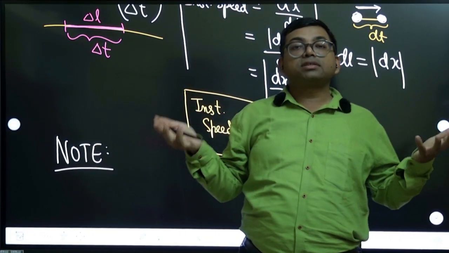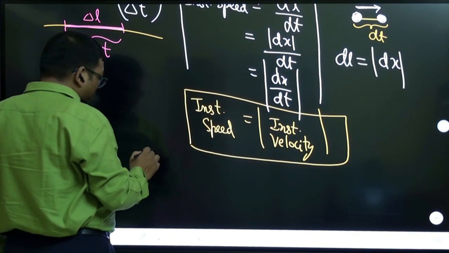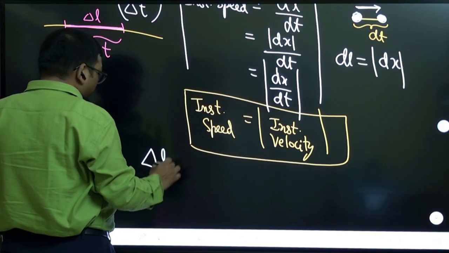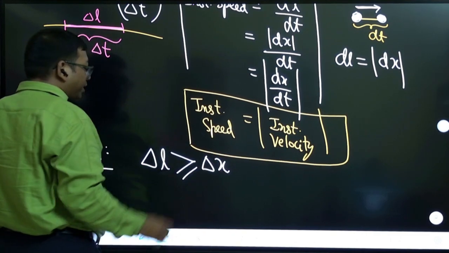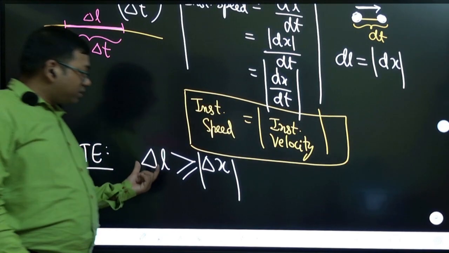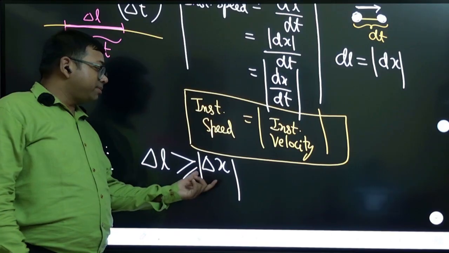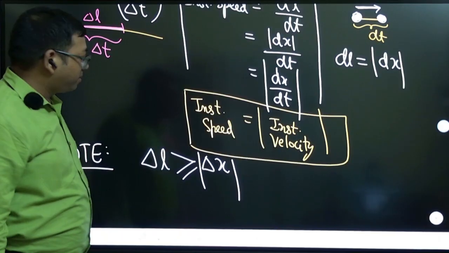So we have to note that distance, which I can take as delta L, is always greater than or equal to the displacement magnitude. Note, we are comparing magnitude, because distance is anyway positive, while displacement can be positive or negative.